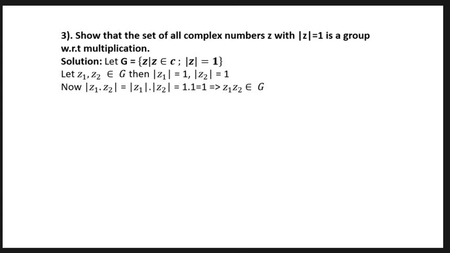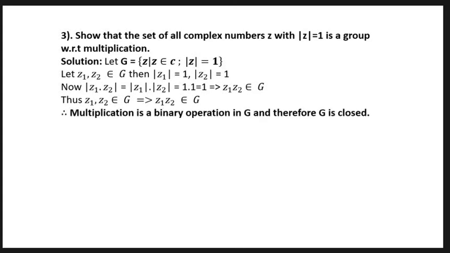This implies that Z1 into Z2 belongs to G, because the elements with modulus of Z equal to 1 are present in G. Thus, Z1, Z2 belonging to G implies that Z1 into Z2 belongs to G. Therefore, multiplication is a binary operation in G and it is closed.